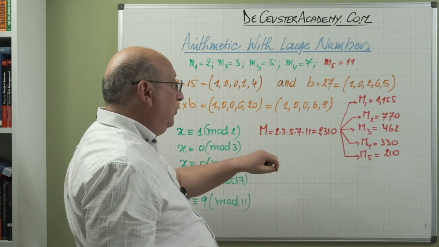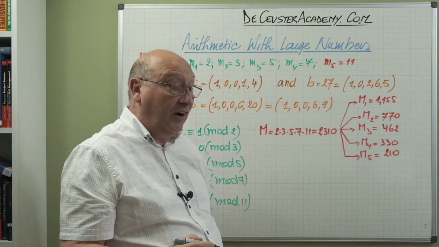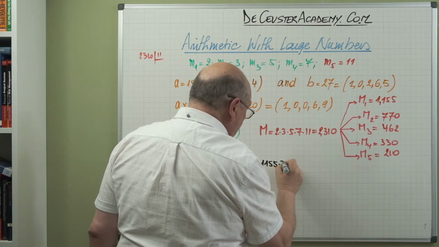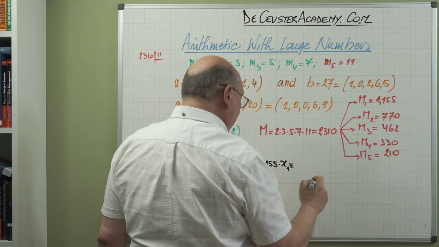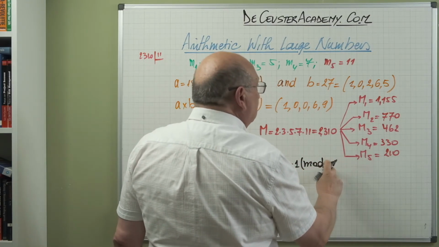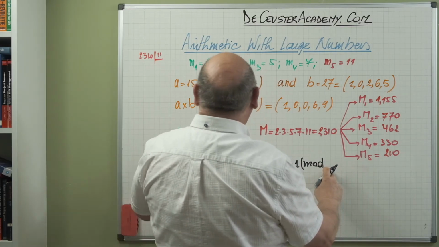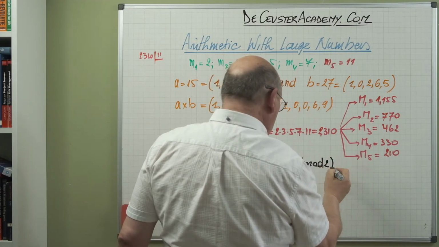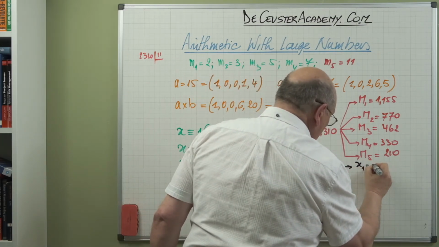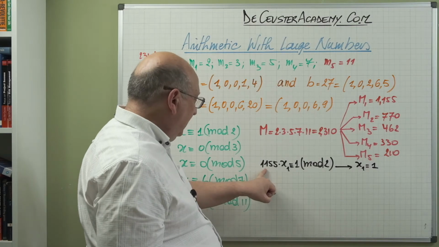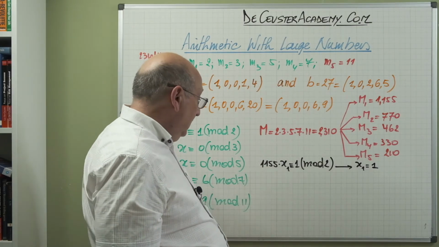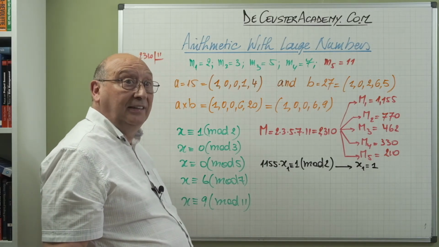So we can say 1155 times x1 is congruent with 1 modulus 2, and this x1 is equal to 1, because 1155 modulus 2 is equal to 1. It's very easy to find that.